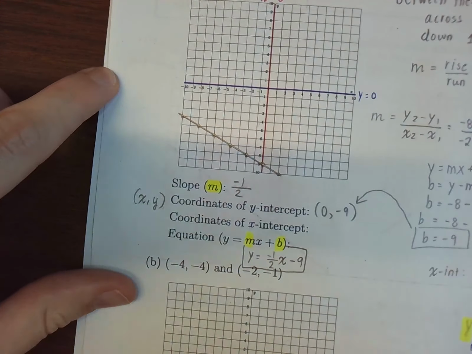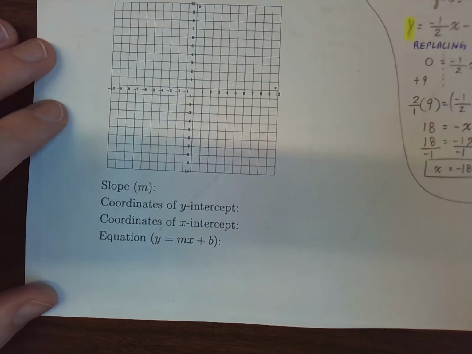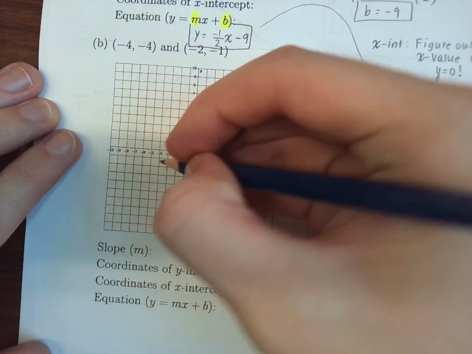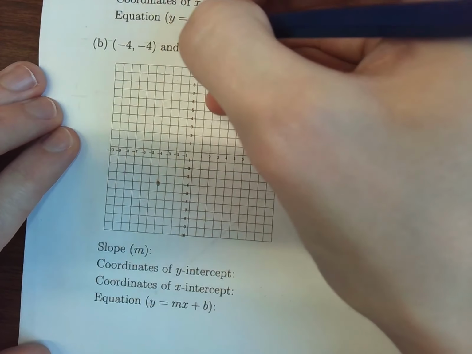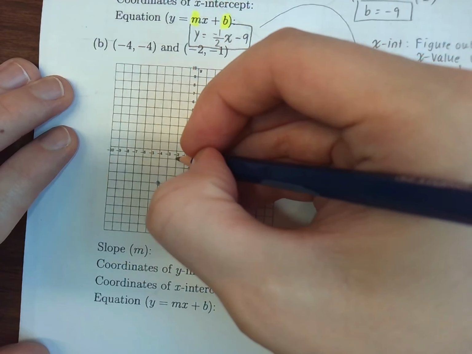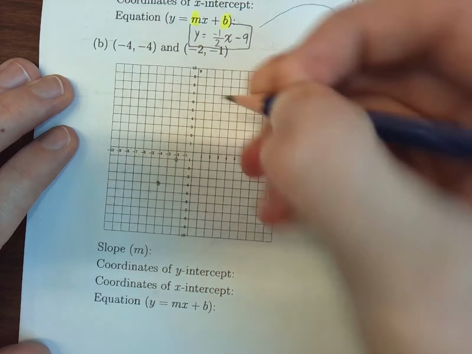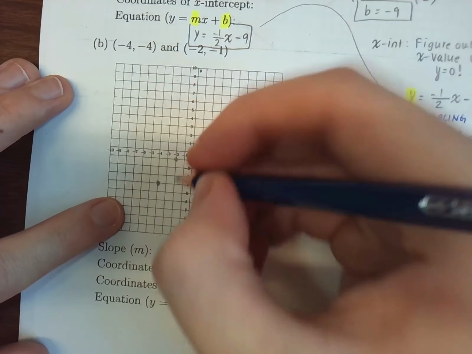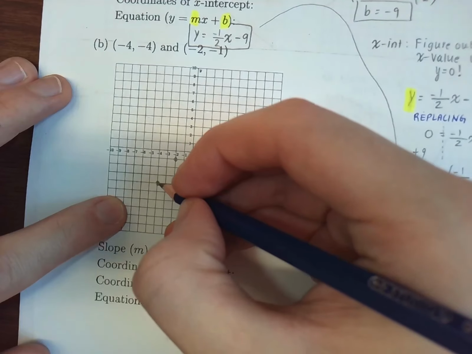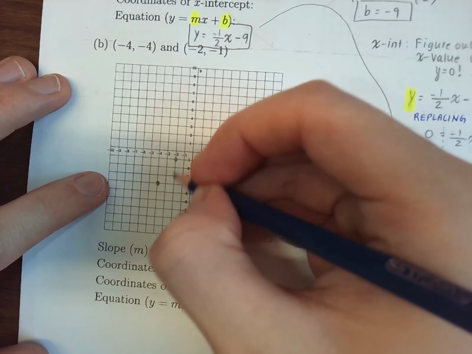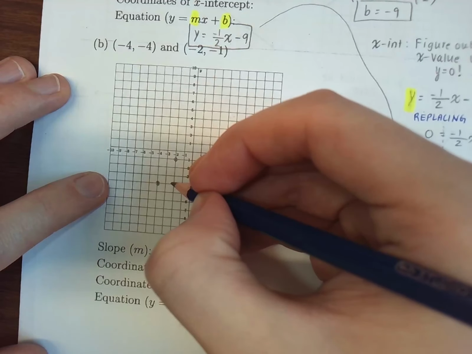Let's just be really concise. Let's just do this. Okay, so negative 4, negative 4, negative 2, negative 1. My slope is, okay, I'm going up 3 for every 2.